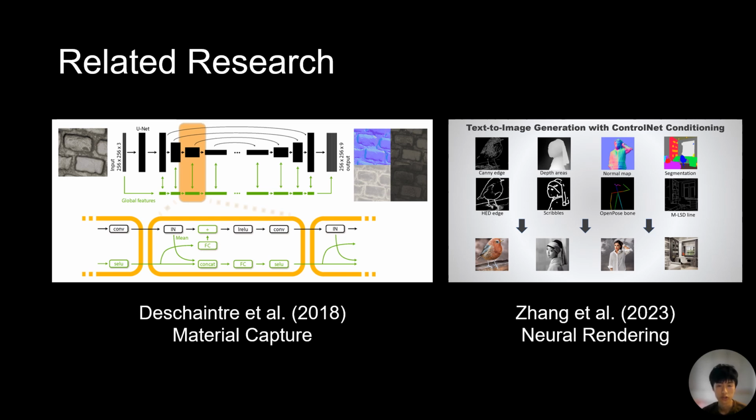The other is Zhang's work in 2023, who introduced an additional hypernetwork to a diffusion model to enable strong control over the same parameters while generating high quality results.